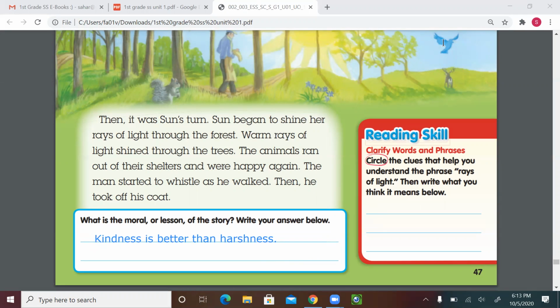All right, I need to get this one here. So warm rays of light shine through the trees.